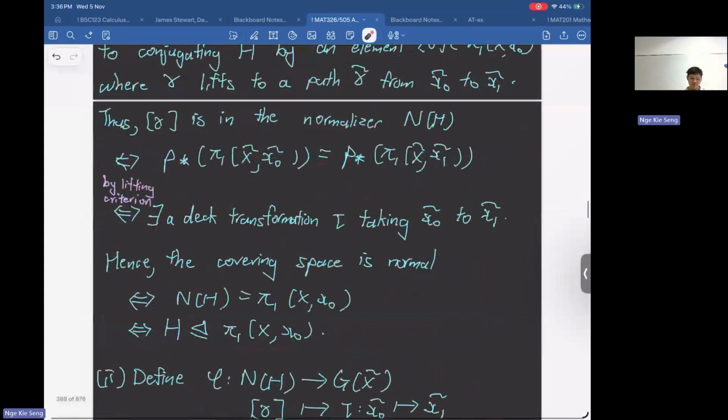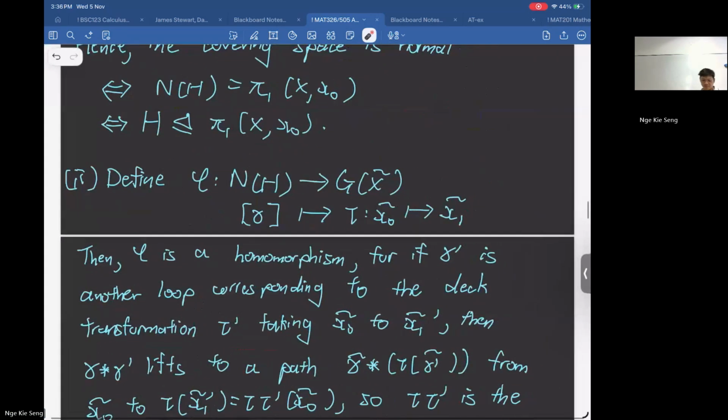Maybe this map is quite important. So this map is not too hard. You just take an element in NH, which is a loop, and then this loop will define that transformation.